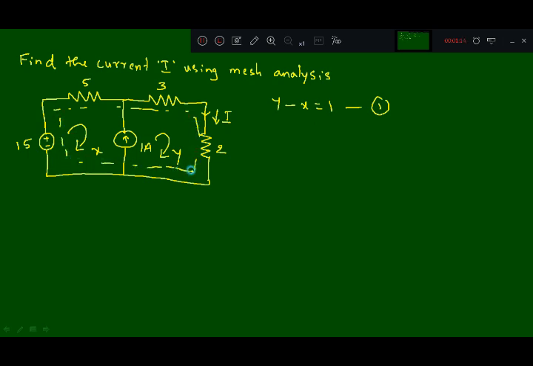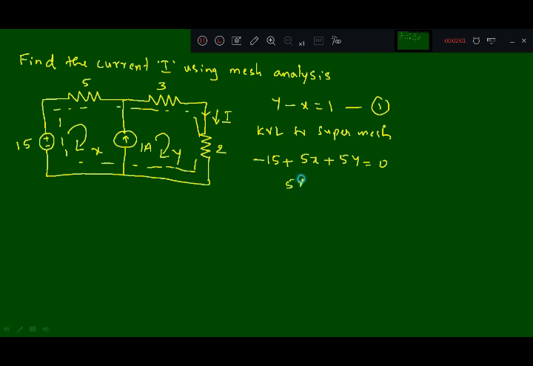So the equation is minus 15 plus 5x plus 3 plus 2, that is 5y, is equal to 0.